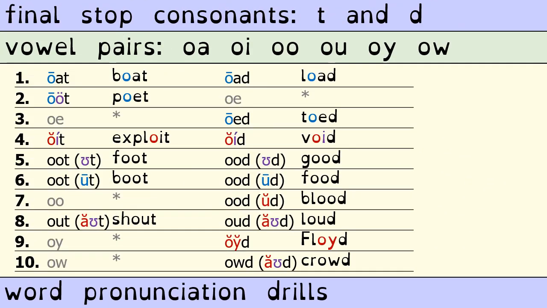Next, vowel pairs beginning with O. Repeat after me. 1. Oat. Boat. Oad. Load. 2. Oet. Poet. 3.